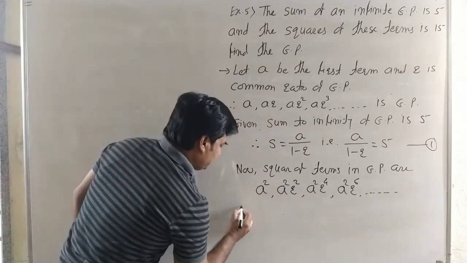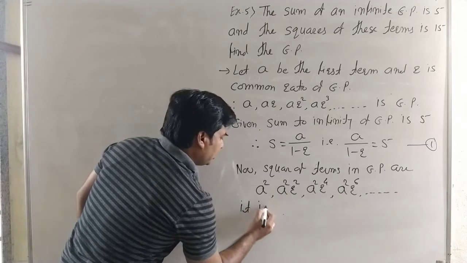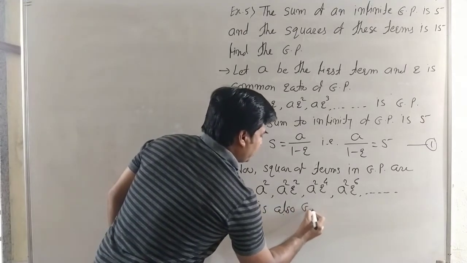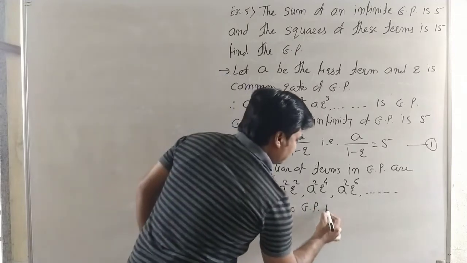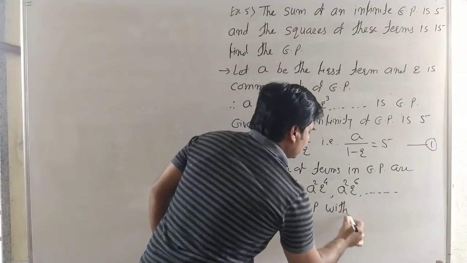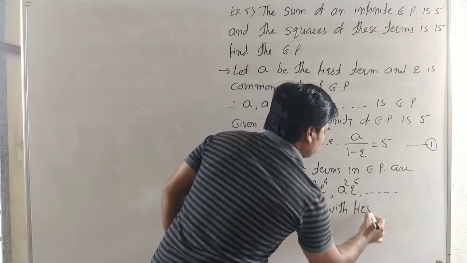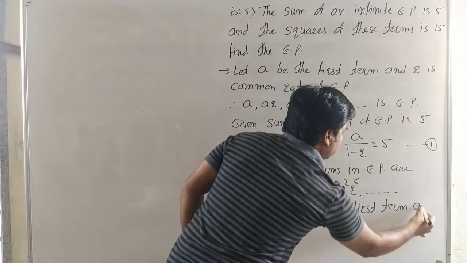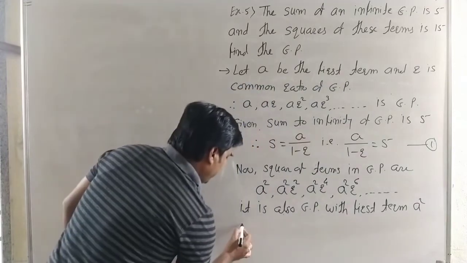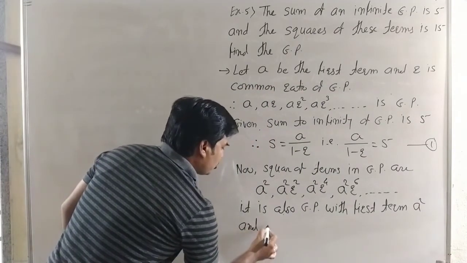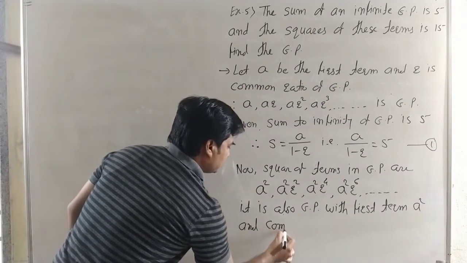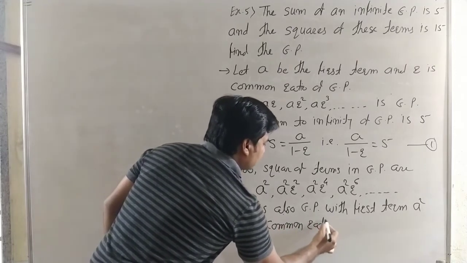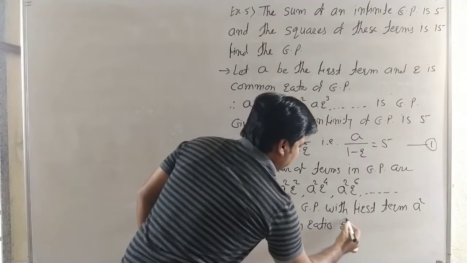Here it is also a geometric progression with first term a square and common ratio r square, okay.